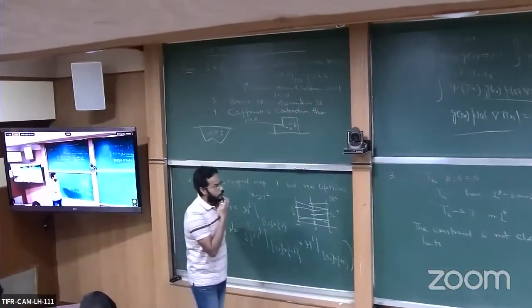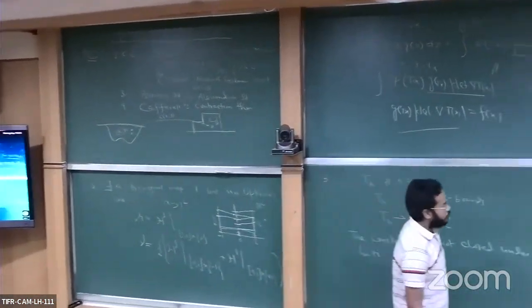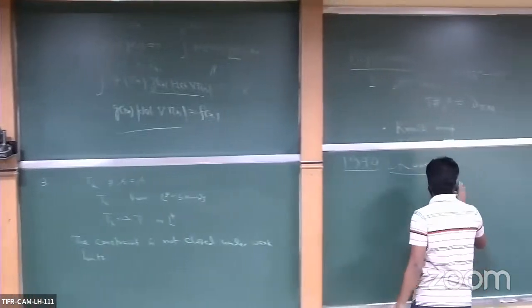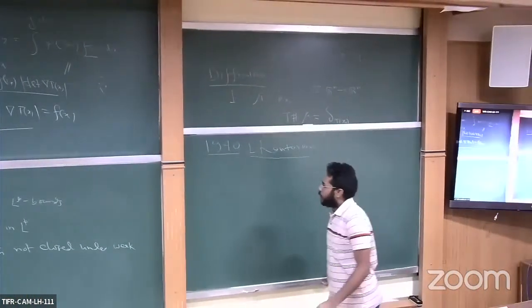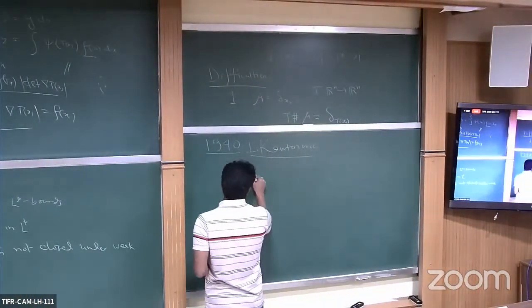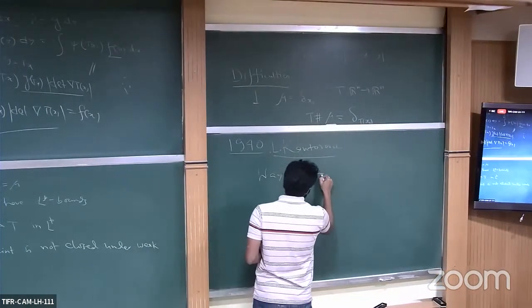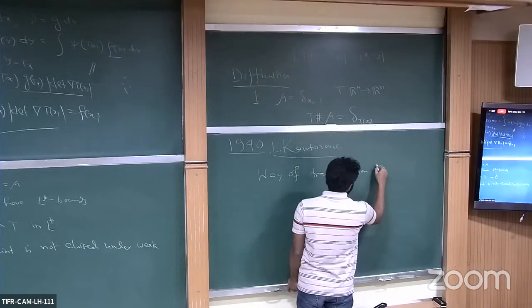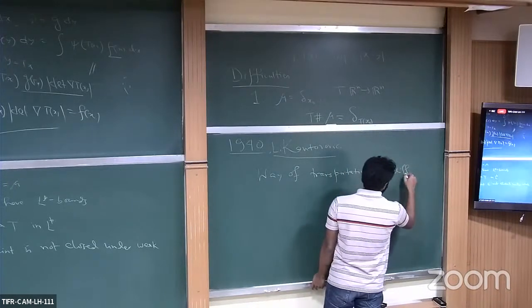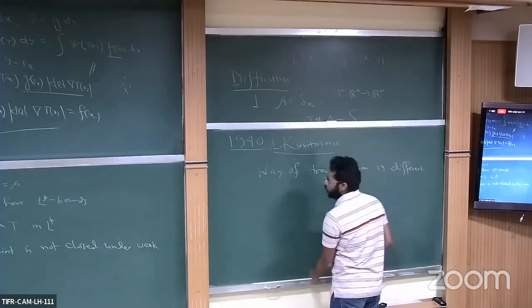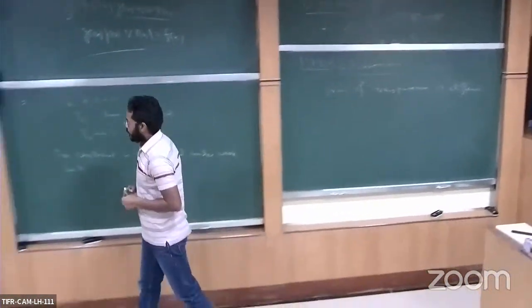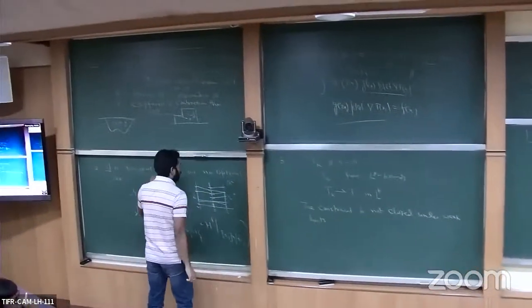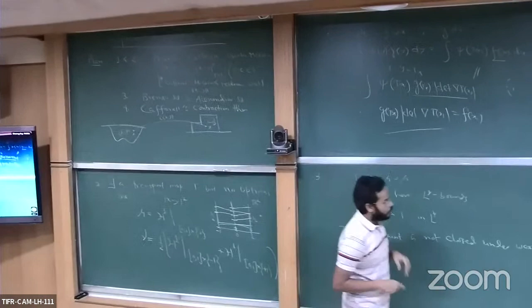The only difference between the Kantorovich problem and the Monge problem is that the way of transportation is different. Monge considered a transport map, and Kantorovich considered a transport plan.